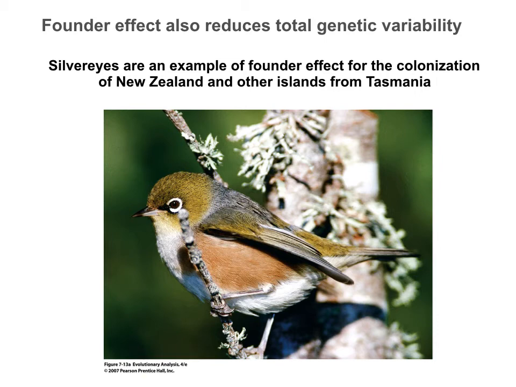A nice example of that are silver eyes off the coast of New Zealand, and different islands off the coast of New Zealand, where we have a historical knowledge of the silver eyes colonizing one island and then later colonizing another island from that first island, in a stepwise fashion. And we can actually look at the genetic variability in each of those colonizing events, the founder effect in each of those colonizing events, and see in a natural setting the reduction of the genetic variability.